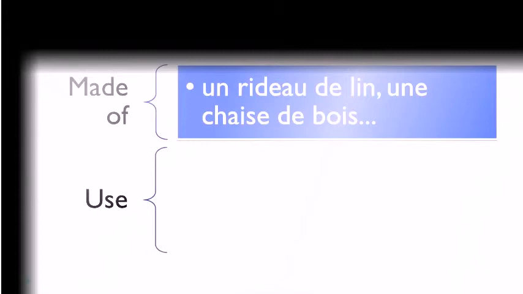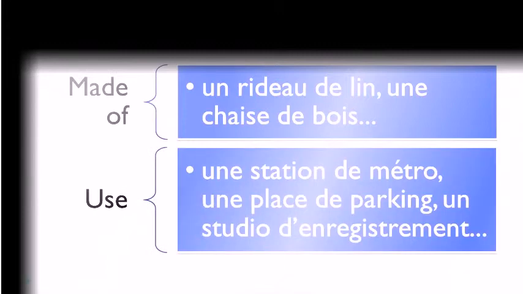And then the use. For instance, here, une station de métro. Other possibility, une place de parking. Sorry about that, but French people tend to use this word parking as well. I know it's coming from English, but still you should pronounce it the French way. Parking. Une place de parking.